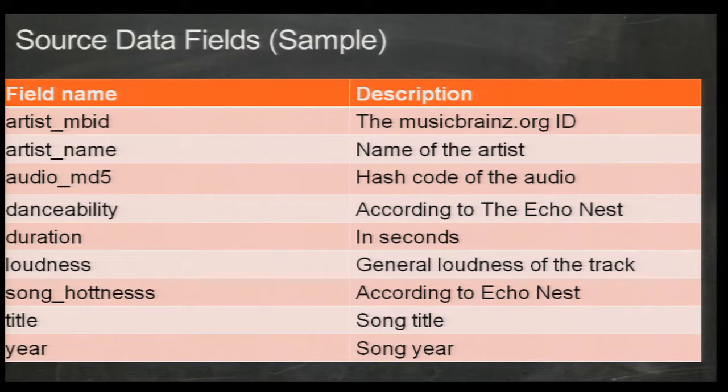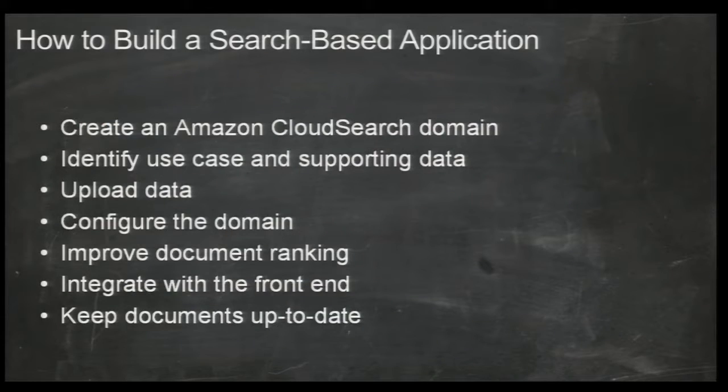There's actually about 100 different integers that you can pull out of there. This is just a quick sample. So we want to start with that and say, okay, we know we have title, we know we have artist name. Those are things we want to search. We want to be able to narrow by year, and we want to be able to bring back all of that information. Okay, so here are the steps that we're going to go through.